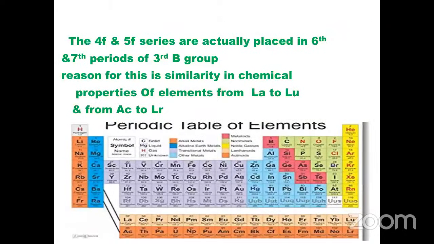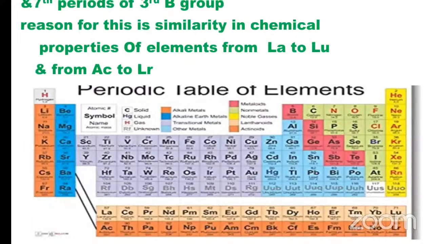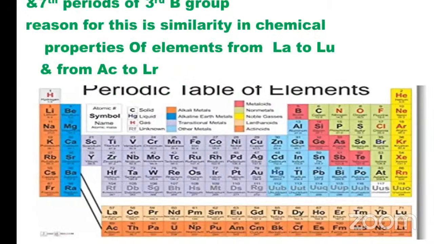The 4f and 5f series are actually placed in the sixth and seventh periods of the third B group.